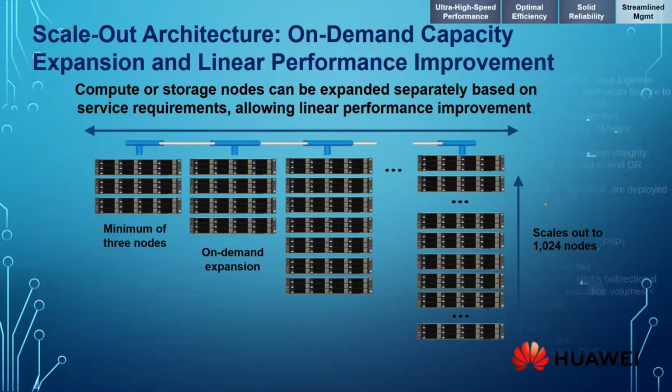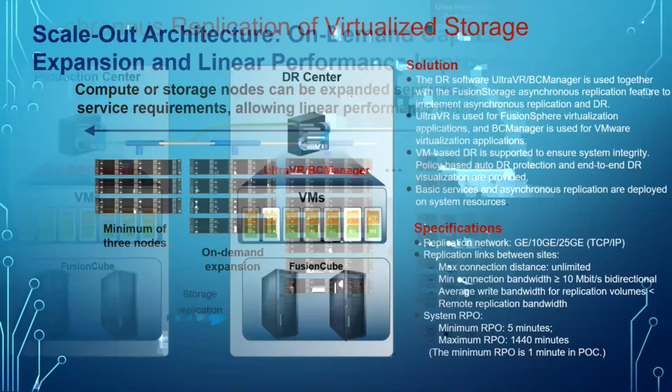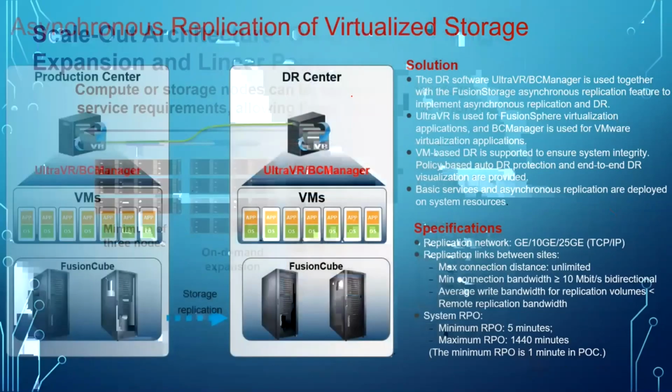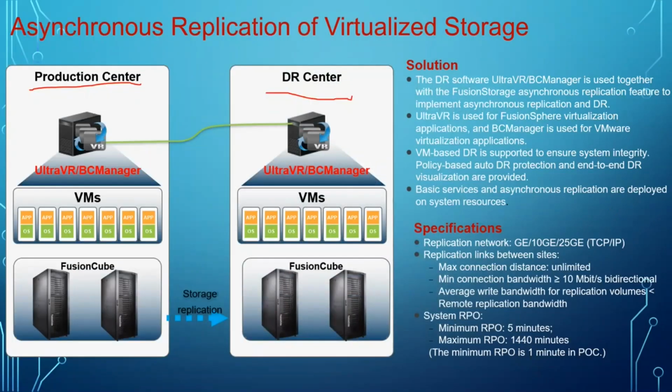Okay, this is a very important slide. For example, you have a production site and a DR site. How will you replicate VMs from one site to another site? Huawei provides UltraVR and DC Manager replication. For every solution, we must have a replication solution.